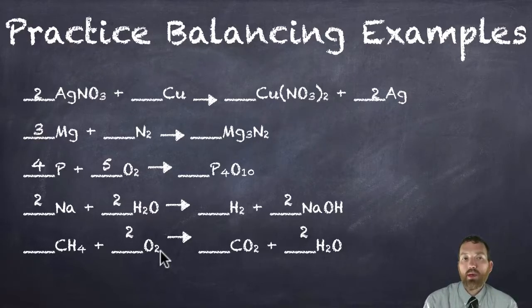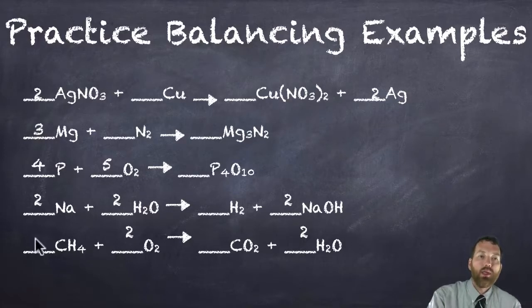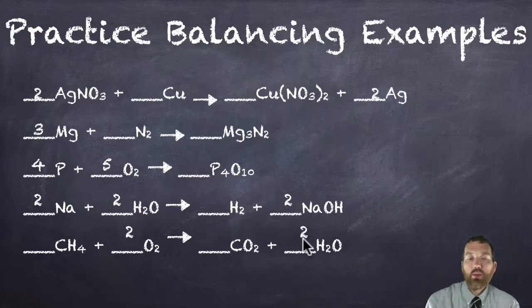If you tried some of them on your own and had different numbers, but you thought they were balanced, one issue might be that you don't have the lowest possible whole numbers. For example, in this bottom one, if you had 2, 4, 2, 4, it would still be balanced, but it's not in the lowest possible whole number ratio.